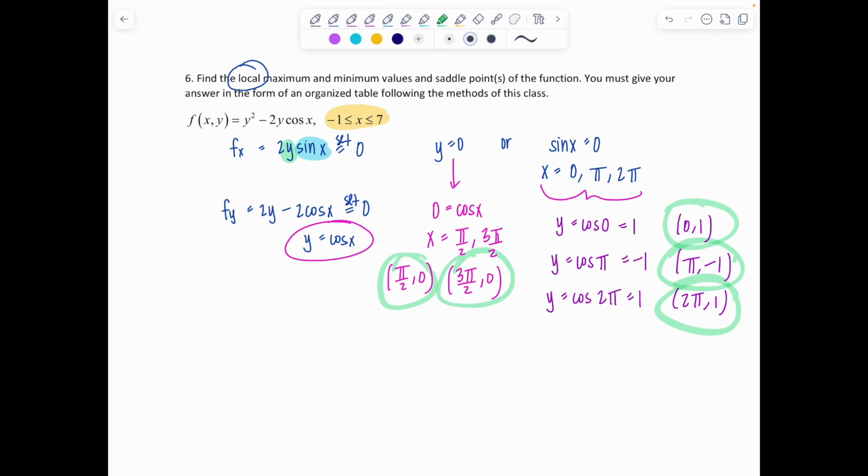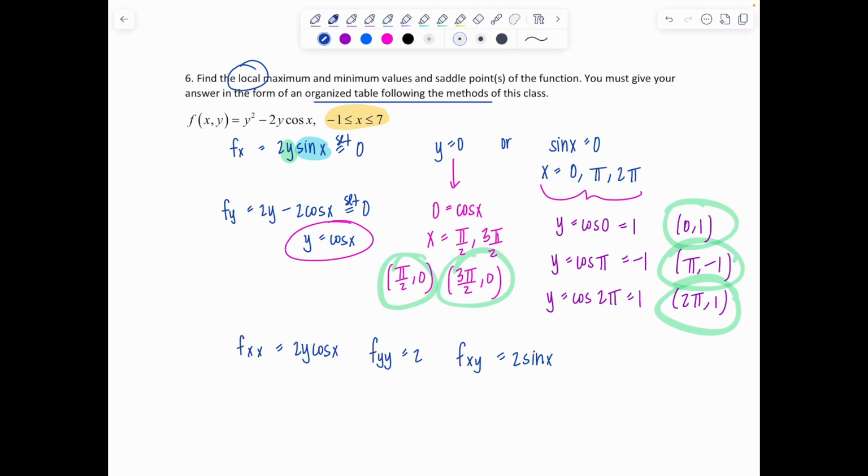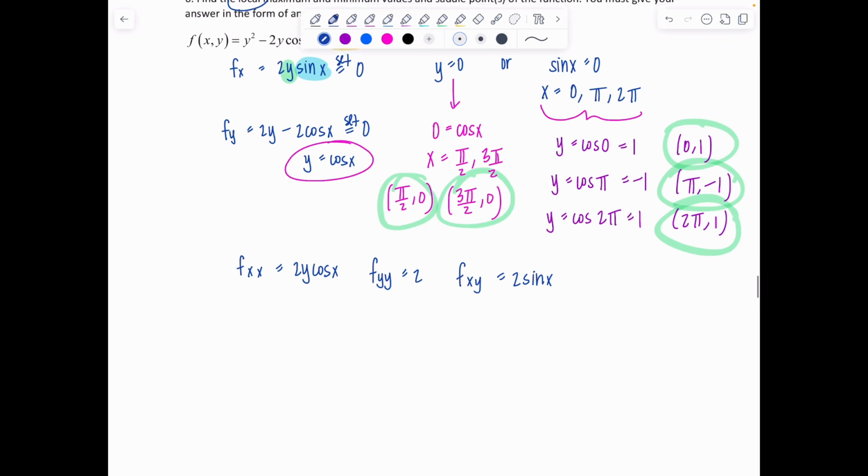Okay. Then we need our second order partials. So fxx is 2y cosine x. fyy is 2. And fxy is 2 sine x. So I said they need to give their answer as an organized table following the methods of this class.